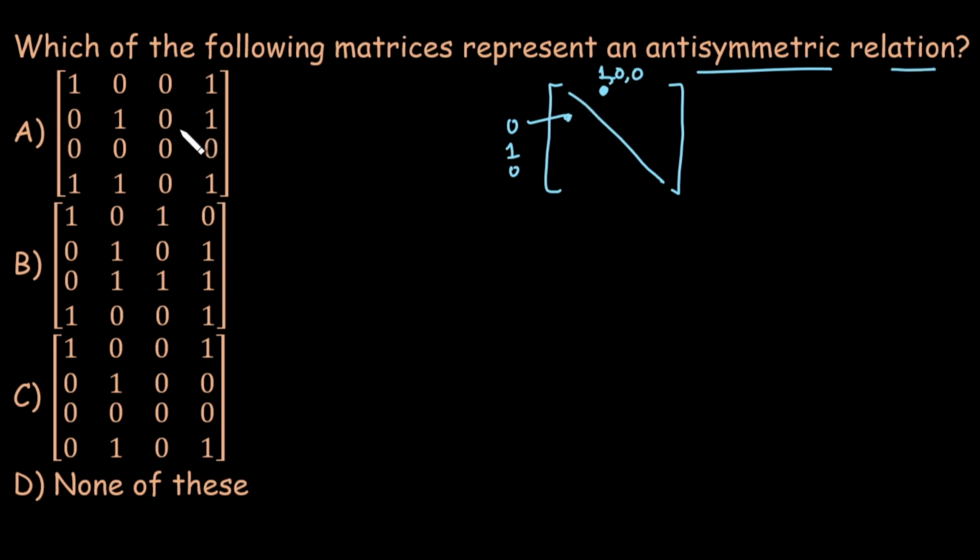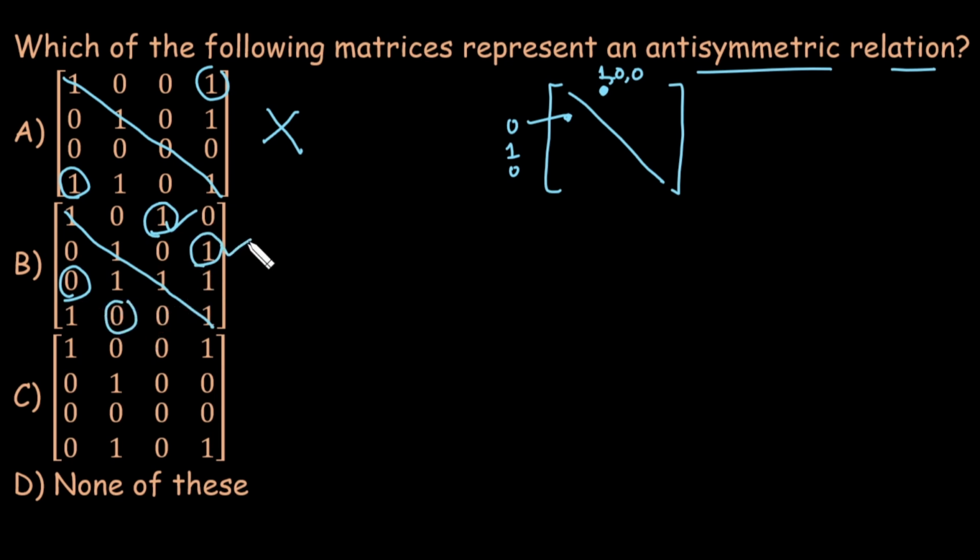Let's check it. Just collect the ones except the diagonal entries. Here we have a 1, and its reverse position is this. It contains 1. So both cannot be 1 at the same time. So it is not antisymmetric. Now for this case, its reverse position is this and it is correct. In this case, its reverse position is this and this is also correct.